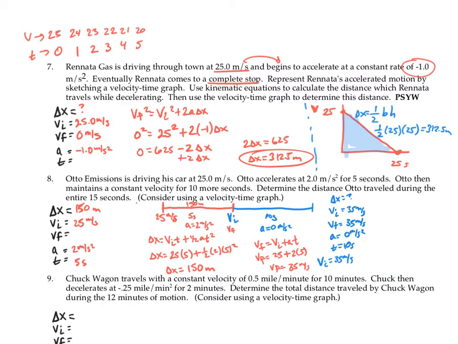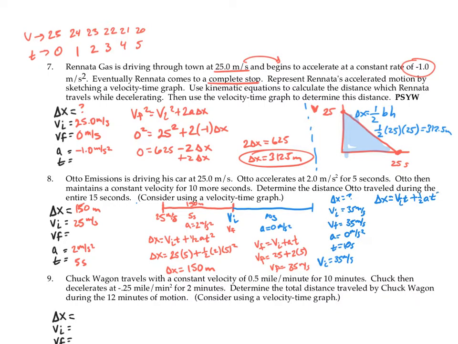So anytime your acceleration is 0, you can just think of your constant velocity equation, or you can use the second equation. And we're going to do this in our later units as well, and we'll see why.